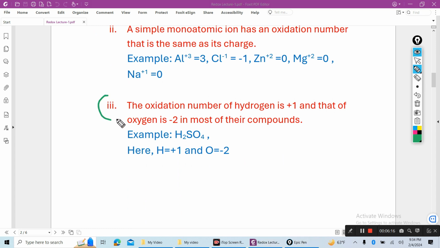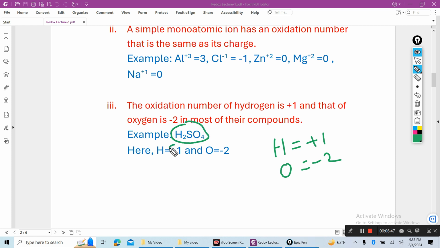Now rule 3, the oxidation number of hydrogen is +1 and that of oxygen is -2 in most of their compounds. I mean, in a compound hydrogen's oxidation number is +1 and oxygen is -2. Sulfuric acid is a compound.